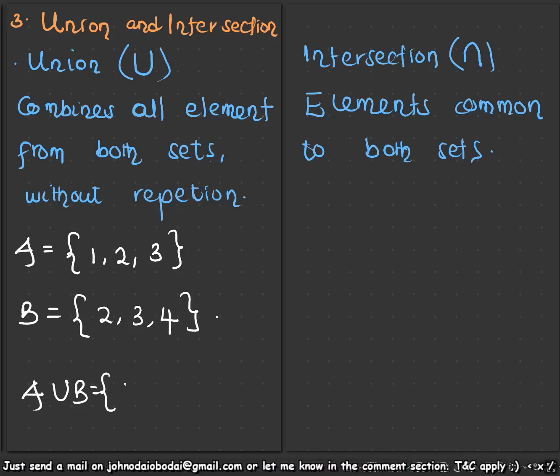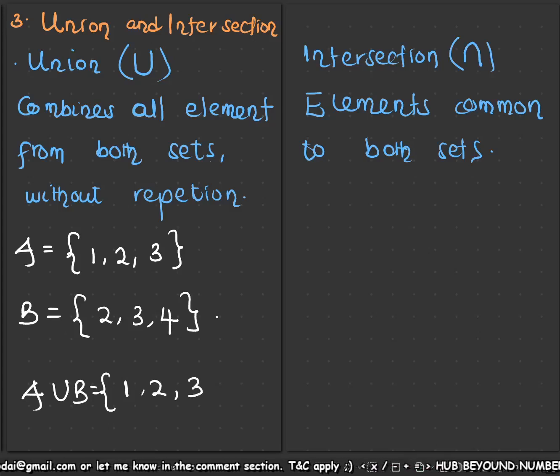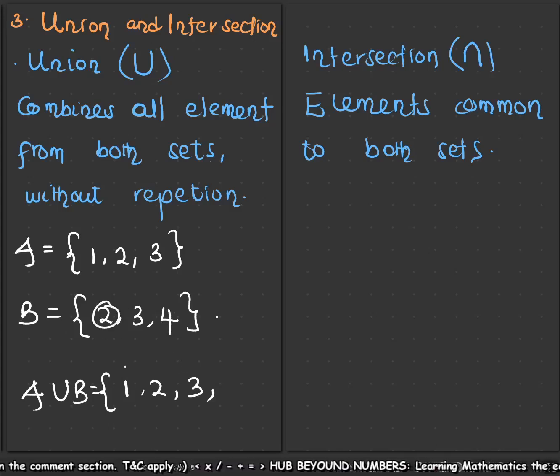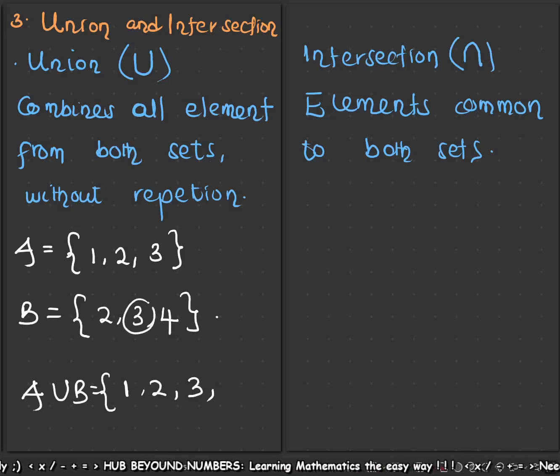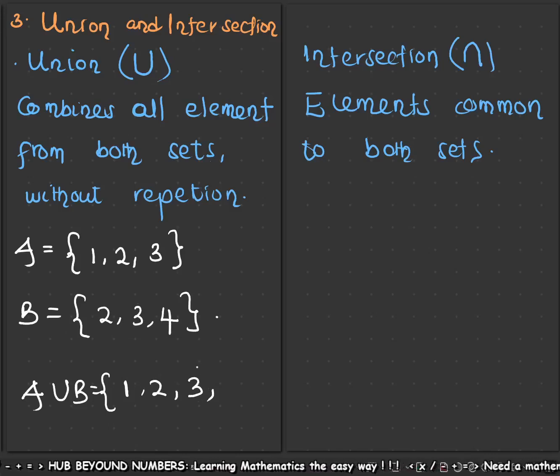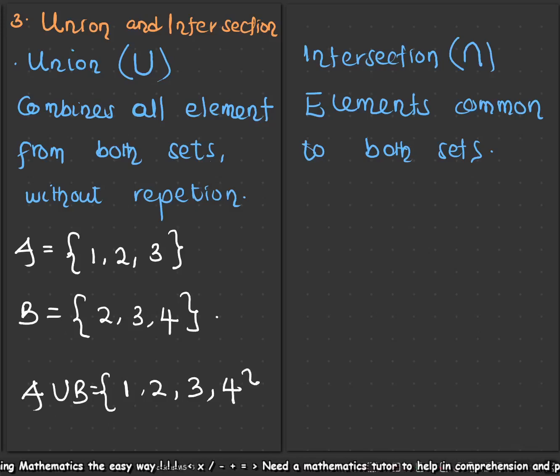I have 1, 2, and then 3 from set A. Now I want to add set B to it. There is 2, but we have already written 2. Now there is 3, and we have already written 3. Then the last element in set B is 4. Have we already written 4? No. Then we write it attached to it.